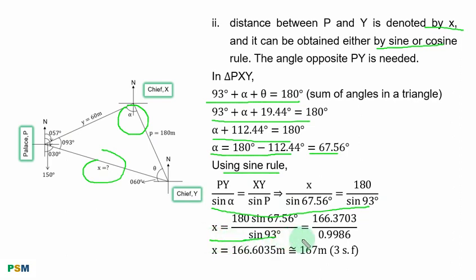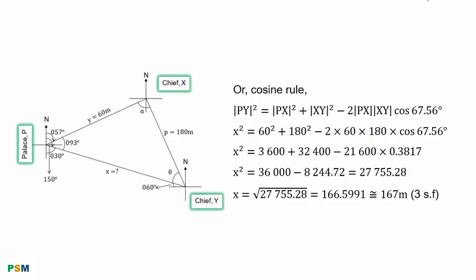After simplification, you have this. When you divide, you have this result. To 3SF, the distance between P and Y is approximately 167 meters. Let's try the cosine rule.